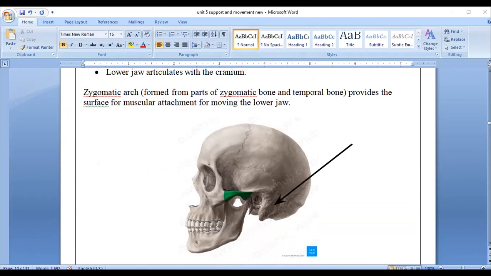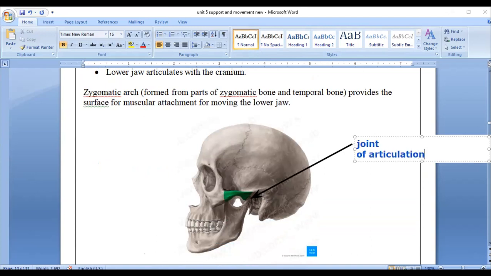Can you notice this place? That is the joint of articulation of the mandible with the cranium. Understood?